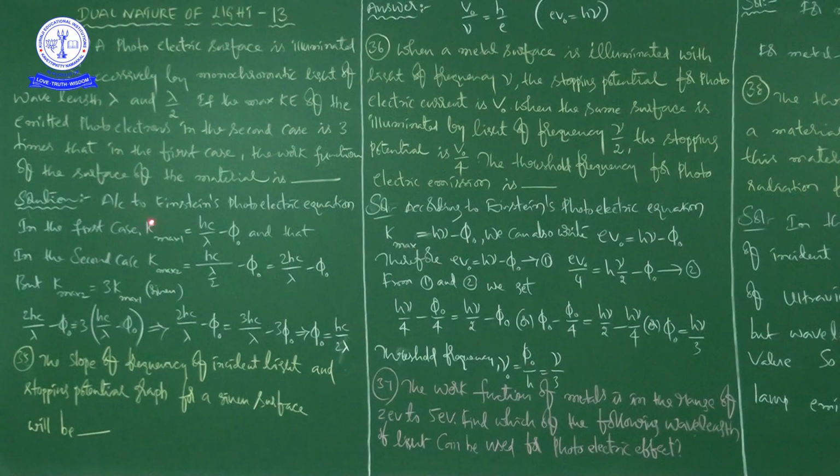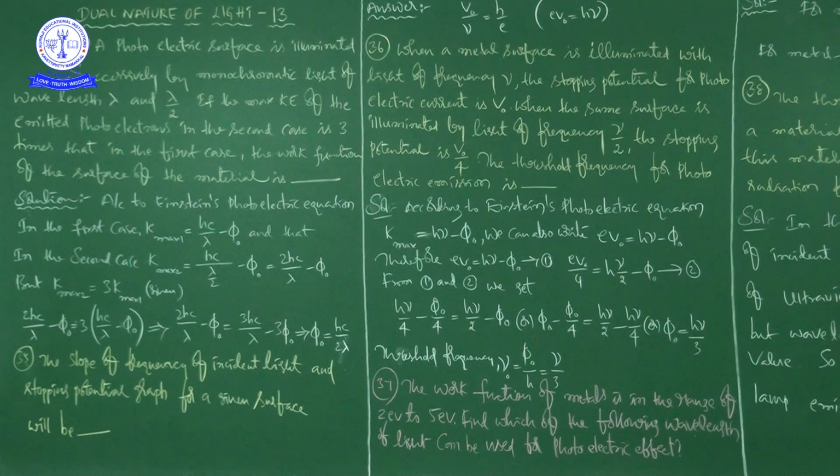See this, according to Einstein's photoelectric equation, in the first case K maximum 1 is equal to hc by lambda minus phi naught, and likewise in the second case. You know that according to Einstein's photoelectric equation, E is equal to h nu naught plus K maximum.